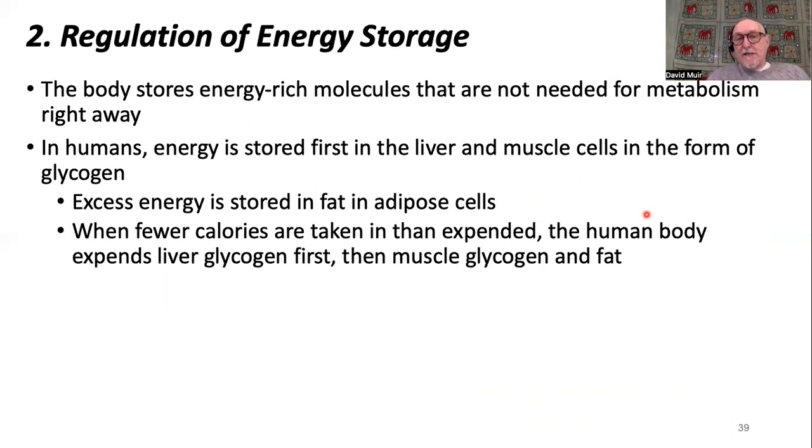One set of regulations that we do need to talk about, though, in more detail, is how we store energy. Because we take in energy mostly in the form of carbohydrate. And we take it in especially as monosaccharides, the most important of which is glucose.